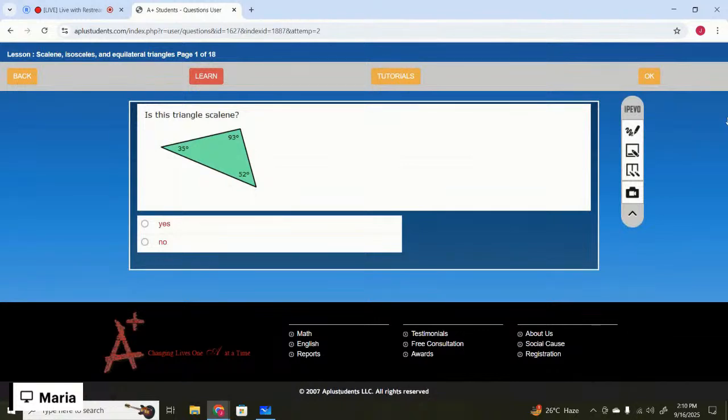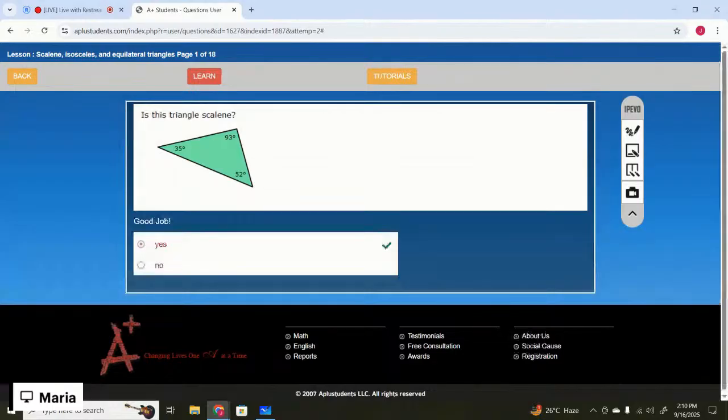Yes, it is because all the angles are different, so that is a scalene triangle.